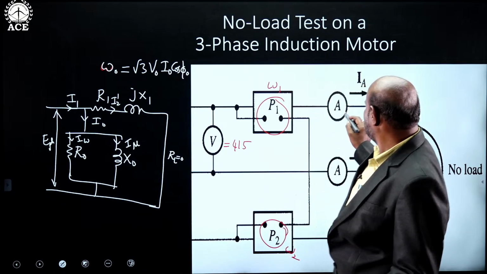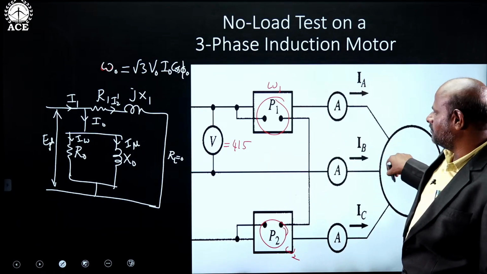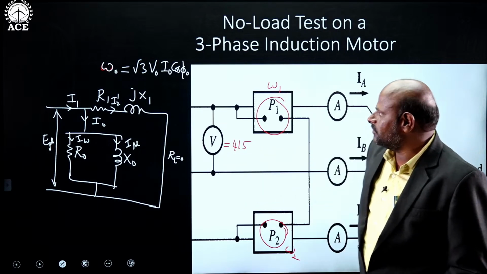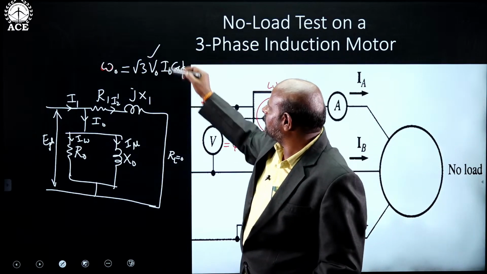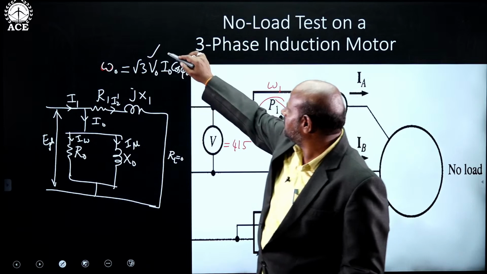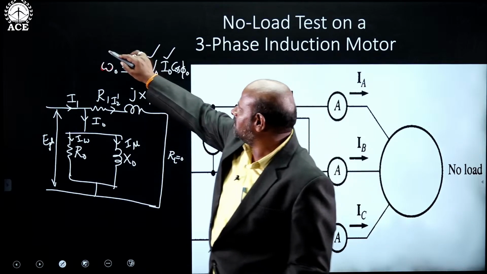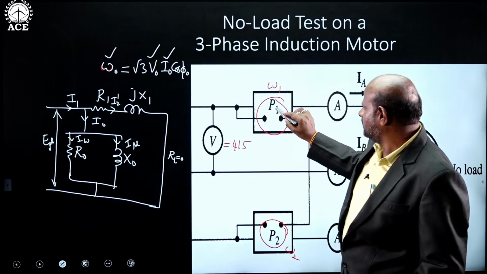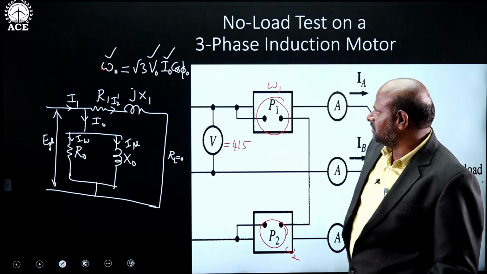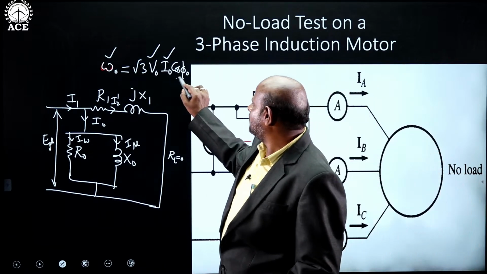And already we know what is the current drawn by the motor and what is the applied voltage. V0 from the readings, I0 from the readings, W0 is also from the readings, that is nothing but W1 plus W2. So we can calculate cos phi naught.